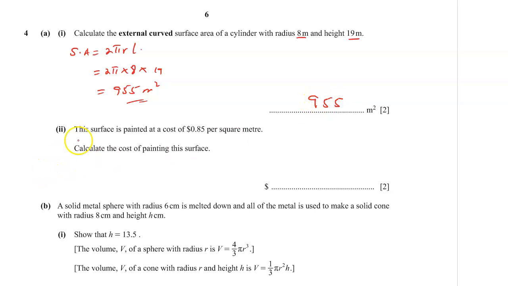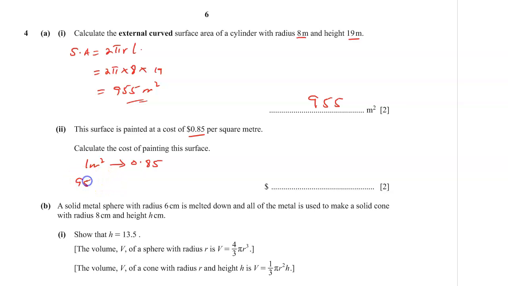Part 2. This surface is painted at a cost of $0.85 per square meter. Calculate the cost of painting this. Just take 955 times 0.85, or you could just say 1 meter squared costs $0.85 to paint.